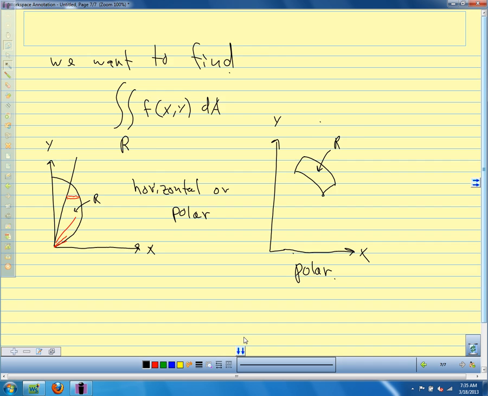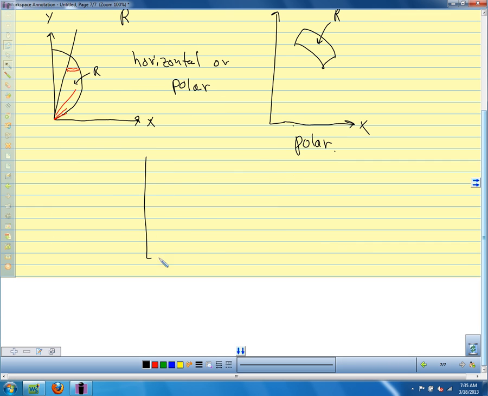All right, last one. How about that one? Polar or vertical? So this is just like this one turned on its side.